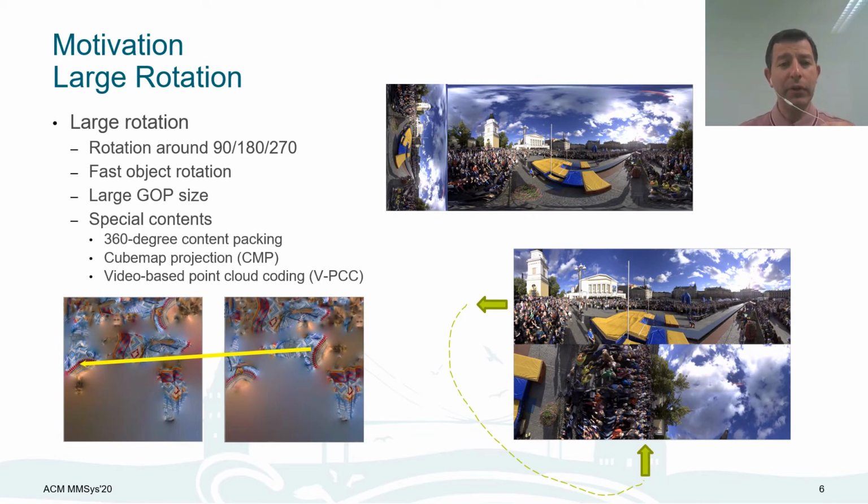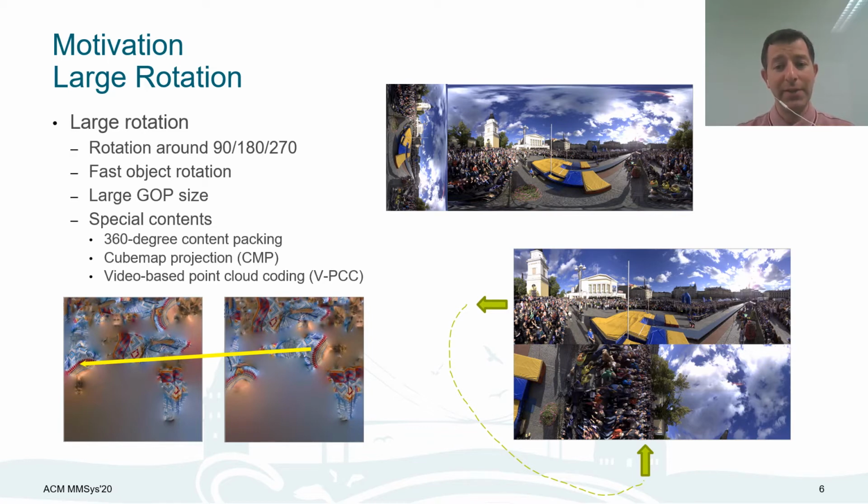But the problem is with large rotation. Large rotation may happen in different VR content. In the top right, you see an ERP in full resolution, and then the same ERP rotated in half resolution packed on the left side. So there is this kind of rotation.